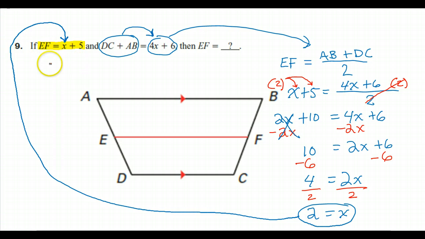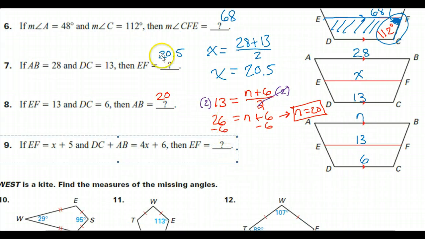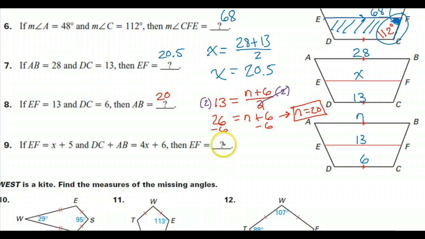So EF, instead of x plus 5, will become 2 plus 5. So of course EF will equal 7. So that is how you do that. Soak it all in. So EF was 7.